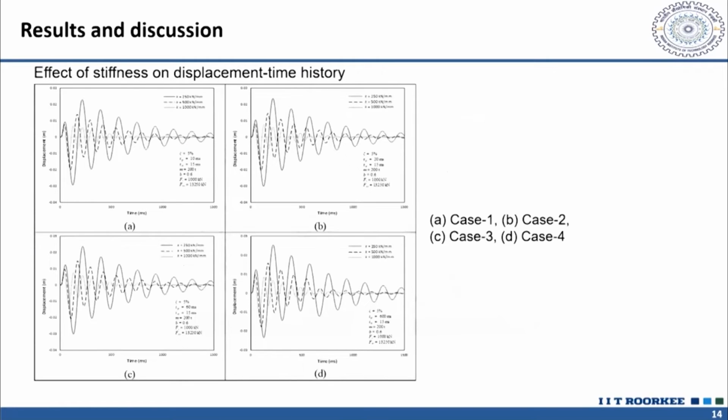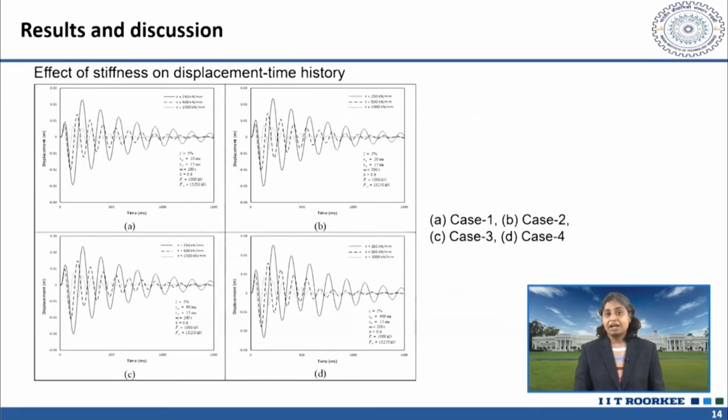Now, coming to the study which we conducted to understand the effect of stiffness on displacement time history. Again here the results are presented for all the 4 cases. These cases are defined on the basis of the arrival time of the exponential pulse loading.